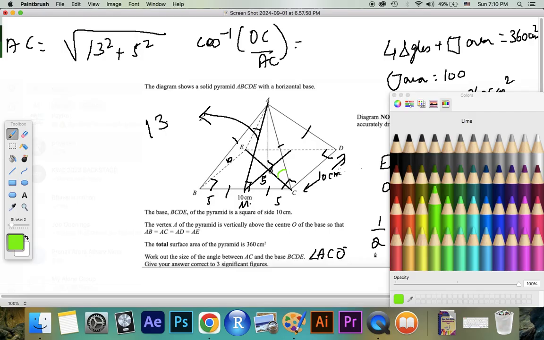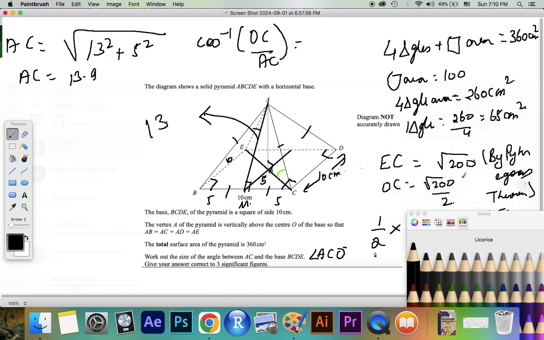So first let's work out the value of AC. By calculation, AC comes out to around 13.9. And we have OC, which is square root 200 by 2, which is almost equal to 7.07.